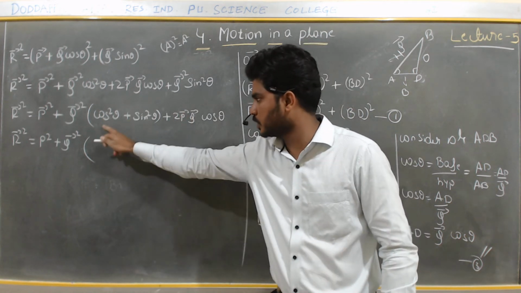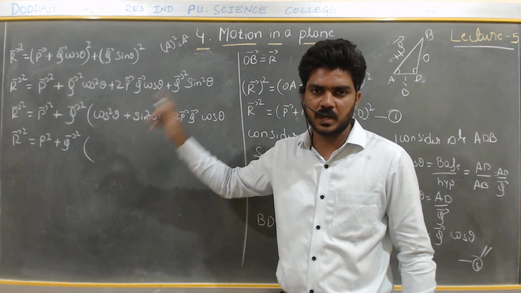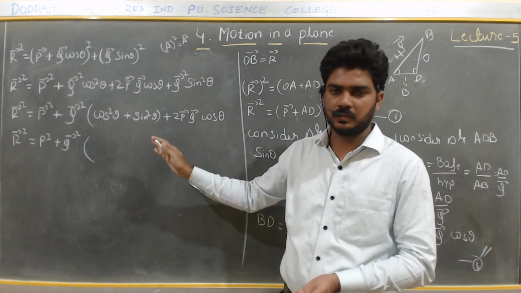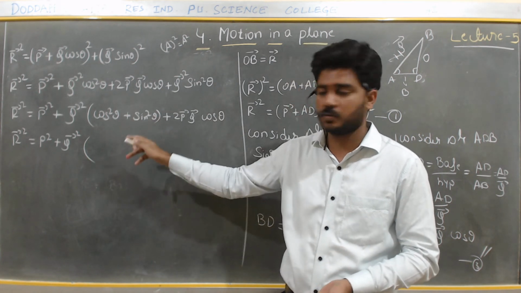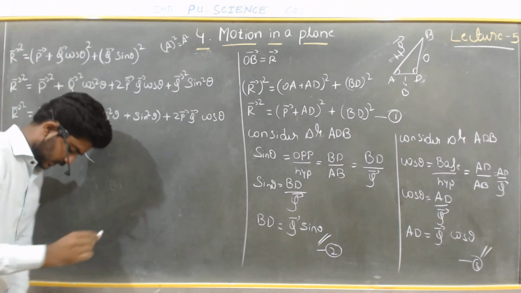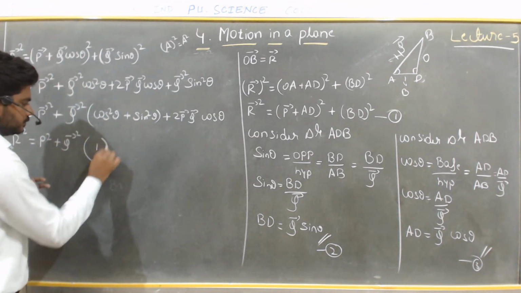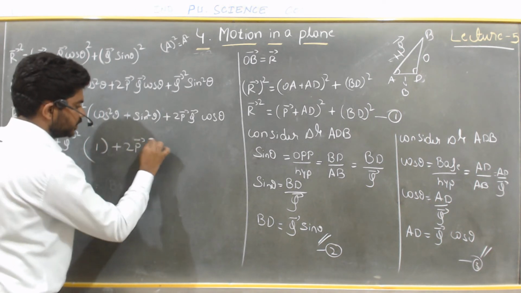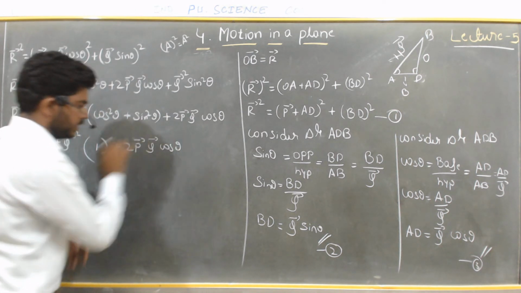And here also we are having cos square theta plus sin square theta. This value is always 1, right? And I have told you to make a note of it, which is sin square theta plus cos square theta is equal to 1, right? Here I will write 1 plus 2 p q cos theta.